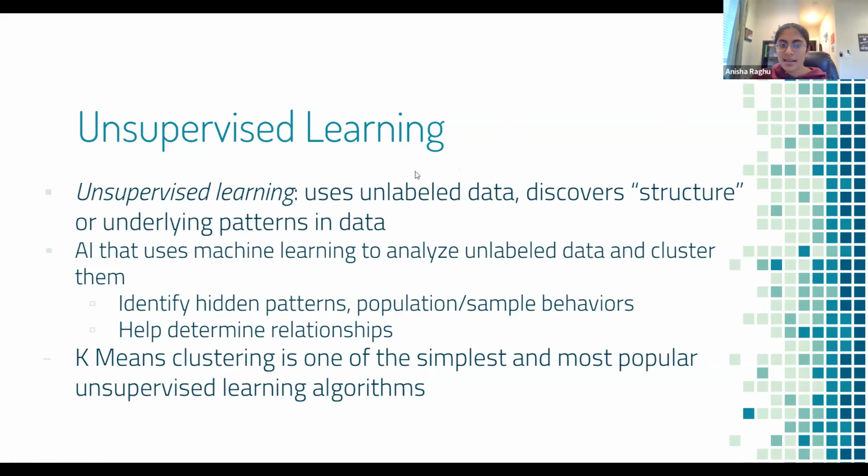It does this by identifying hidden patterns and different behaviors, and this helps determine relationships. The specific type of unsupervised learning that we'll be going into later is k-means clustering. It's one of the simpler ones and is one of the most popular unsupervised learning algorithms.